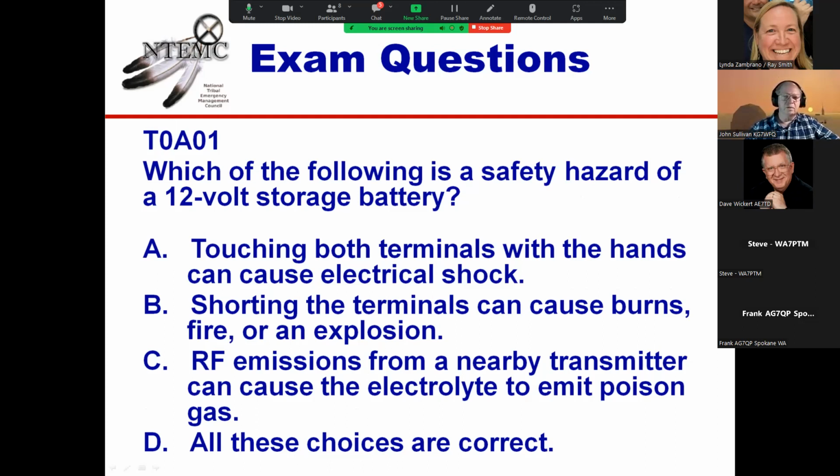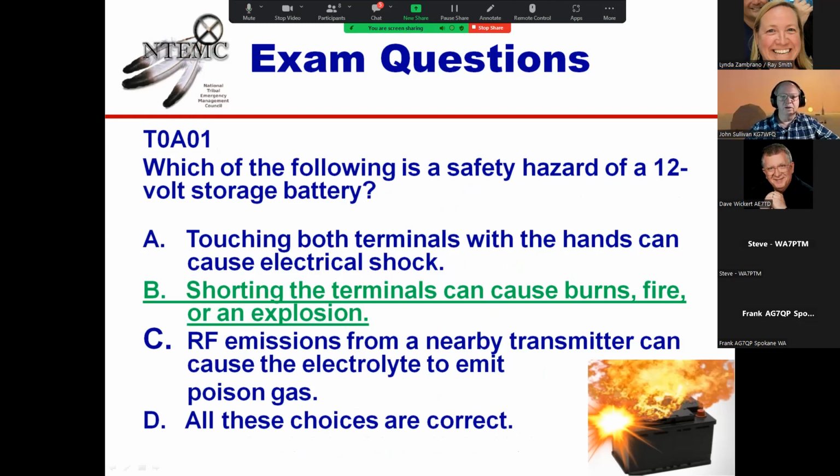But shorting the terminals can definitely cause burns, fire, or explosion. And RF emissions from a nearby transmitter can cause the electrolyte to emit a poisonous gas. That is not correct, so it can't be all of the above. So the best choice among A and B would be B. Shorting the terminals can cause burns, fire, or an explosion, as illustrated.